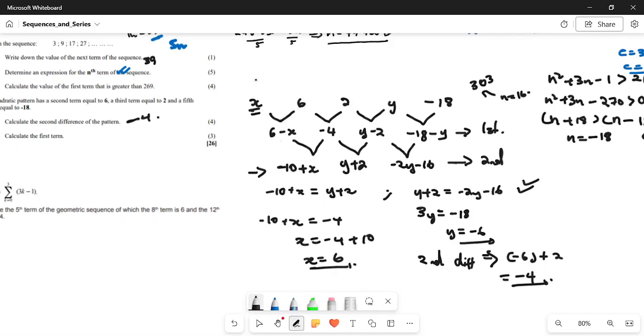So that means for our number pattern, we've got something like 6, 6, 2. Then if you want, you can find what y is, minus 18. Yeah, it looks weird, right? But yeah, that is our first term. It's the value 6.